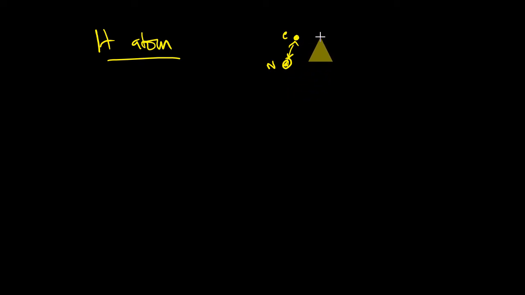But if you are bringing this to an electric field, then this system is under the influence of the electric field, and there will be interaction of the electron and the nucleus with the electric field. That brings additional terms in the Hamiltonian, so the system becomes a perturbed system. Similar is the case when you are bringing this to the magnetic field.